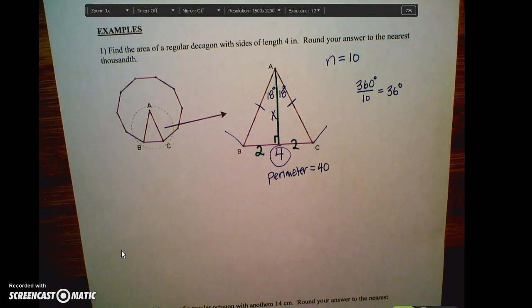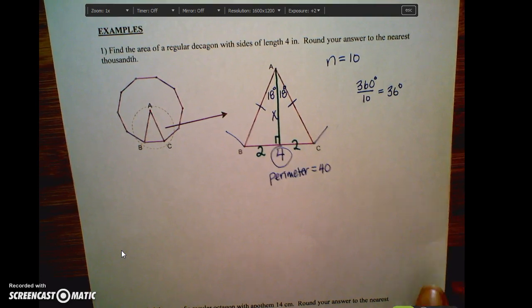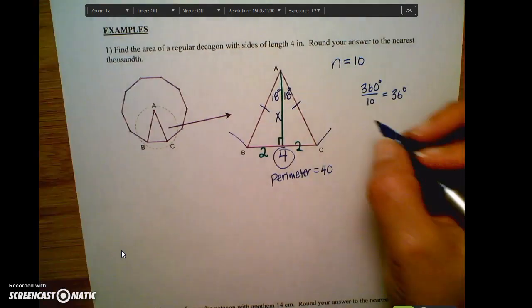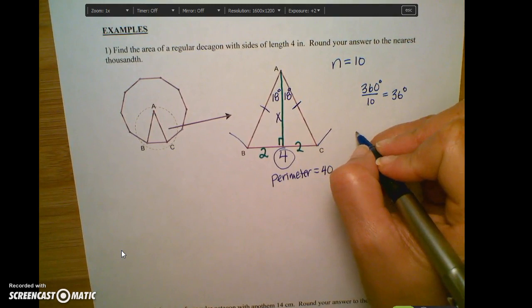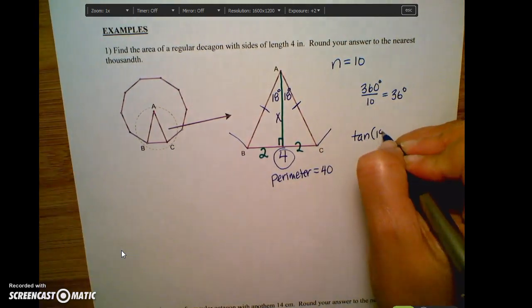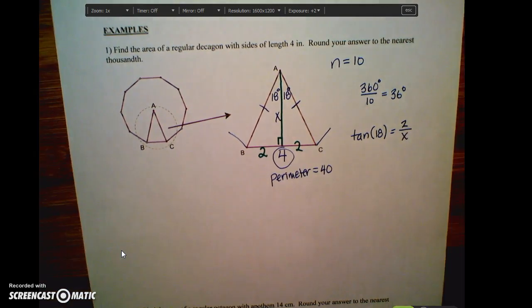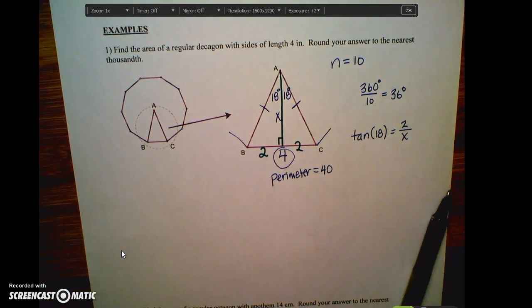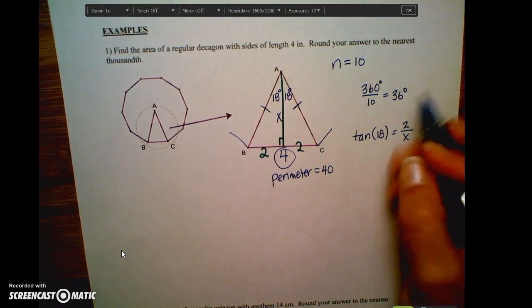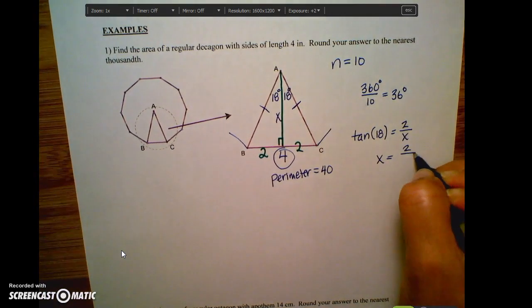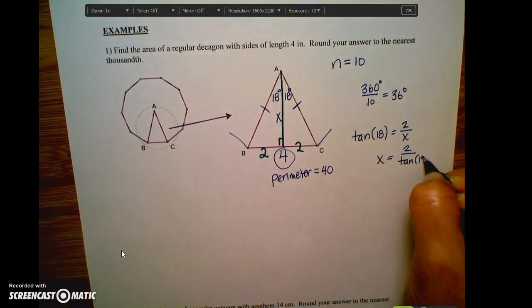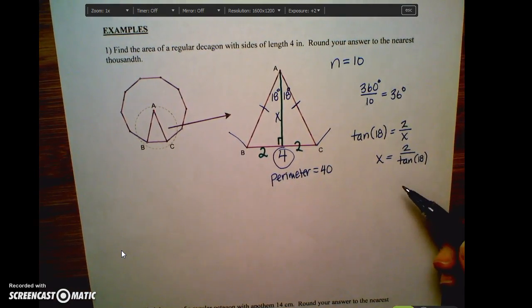So I'm going to use trigonometry to get the x, and that would be the tangent of 18 is equal to 2 over x, opposite over adjacent. At that point, algebra tells me x will be 2 over tan 18. Okay, that's the exact value.